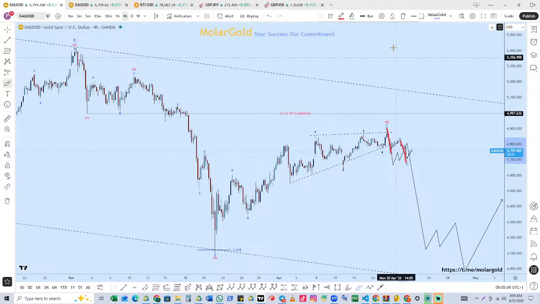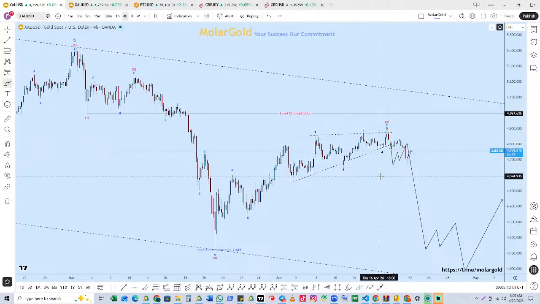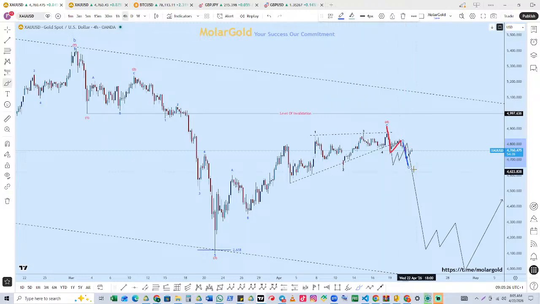Okay, in fact, let me do Control Z, and then I'll do it this way with 1 like this, then I do this with 1, right? Then I can change the color to blue. So this also is giving us wave 2, and we're going to have a big drop, right?